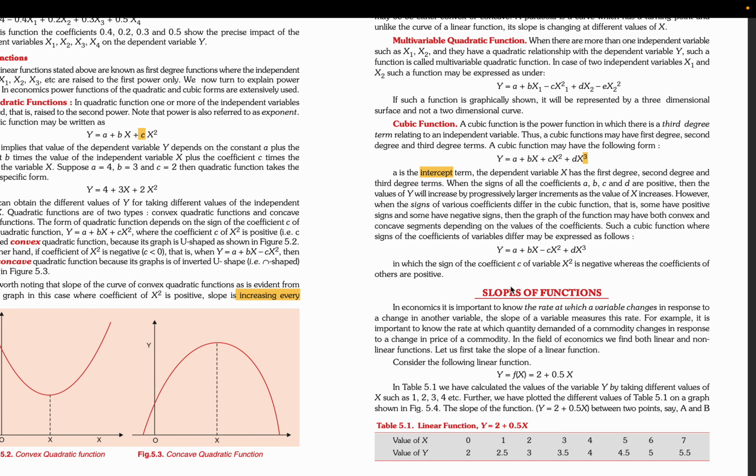When the signs of the coefficients a, b, c, and d are positive, then the value of y will increase by progressively larger increments as the value of x increases.